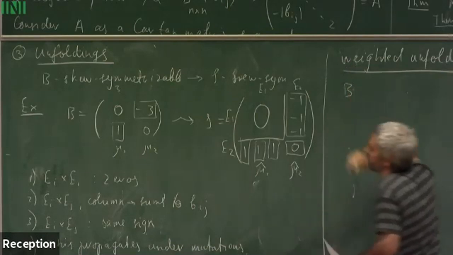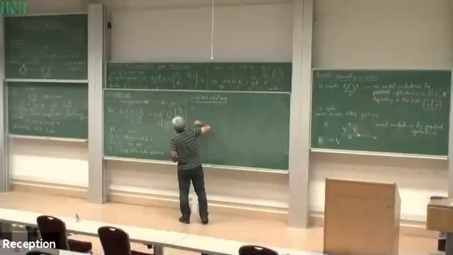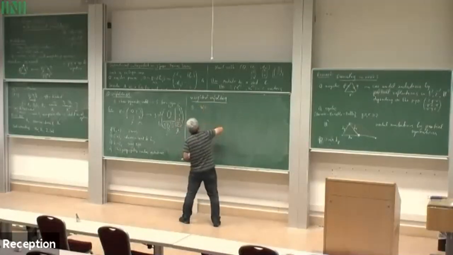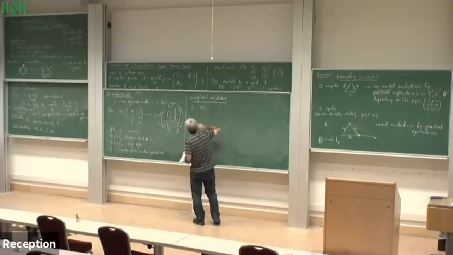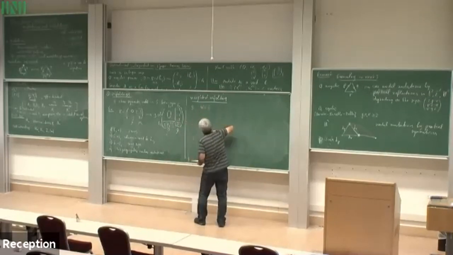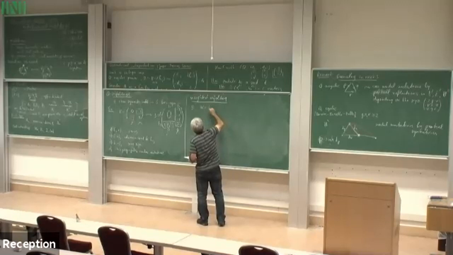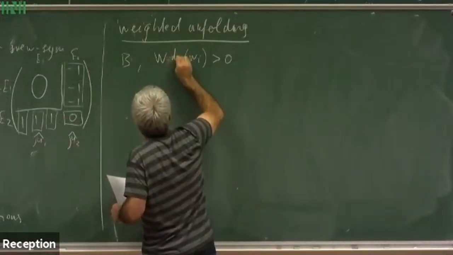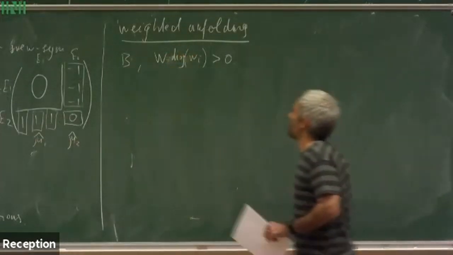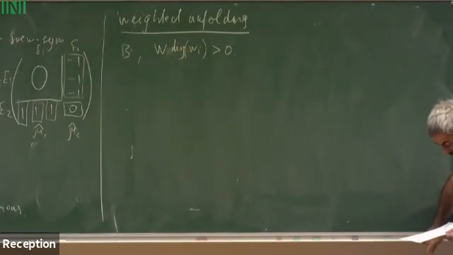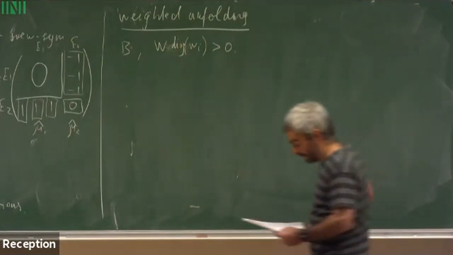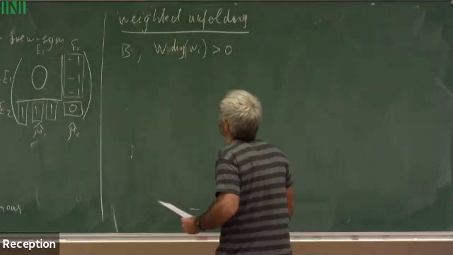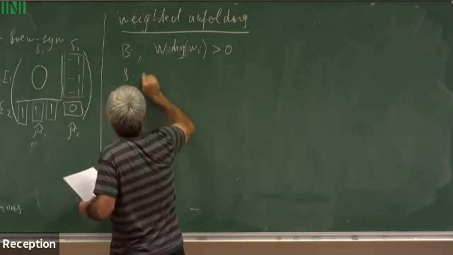Matrix B is reversible, and I also have my matrix W, a matrix of weights, diagonal, with weights WI, positive numbers, and we say that S is skew-symmetric.